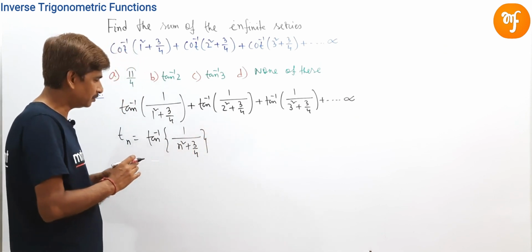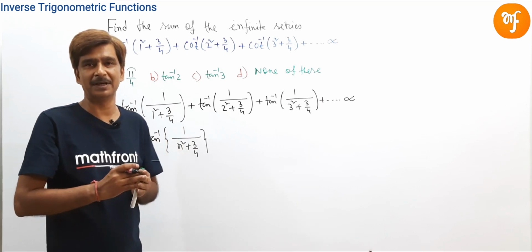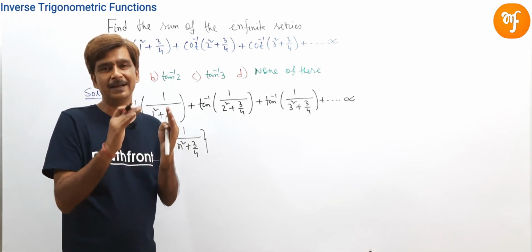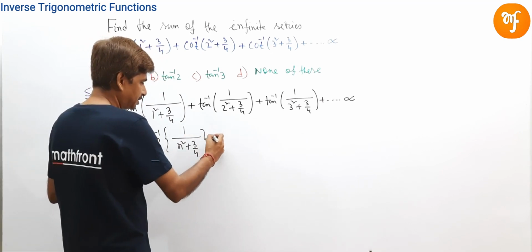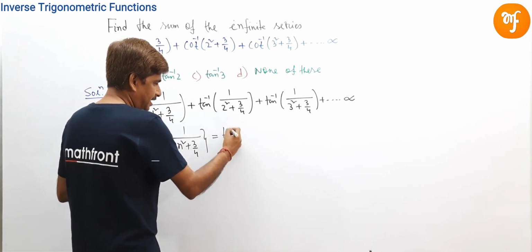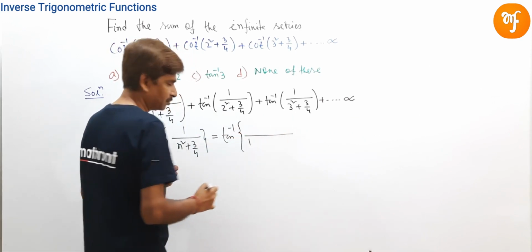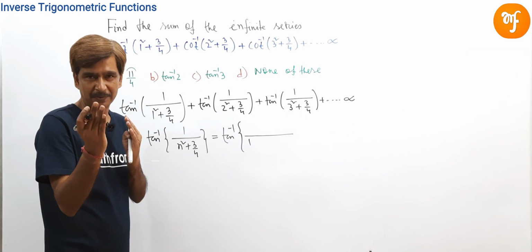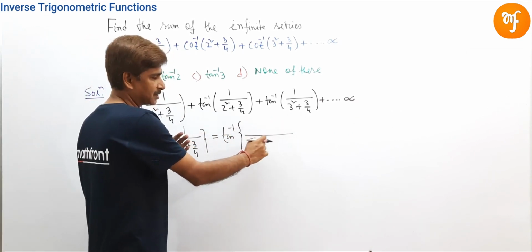Okay, now we have to arrange this tan inverse of 1 divided by n square plus 3 by 4 in the form of tan inverse x minus tan inverse of y. So look how we can arrange. This is tan inverse of, just first write here 1, because tan inverse of x minus tan inverse y is equal to tan inverse of x minus y divided by 1 plus x into y.